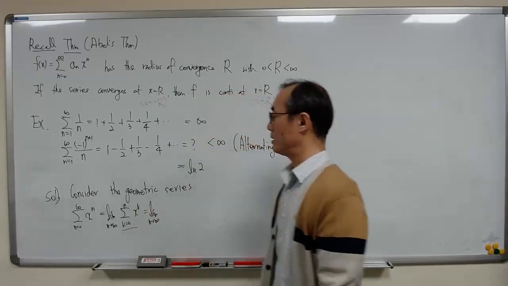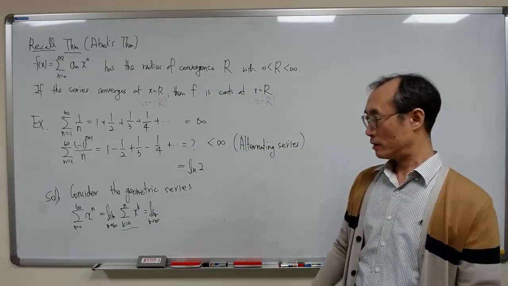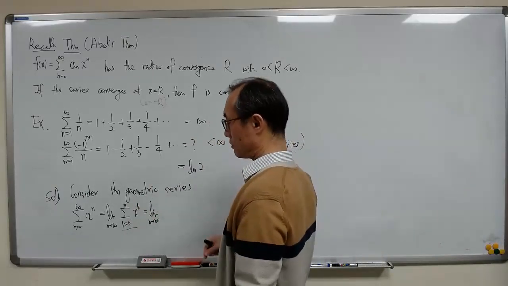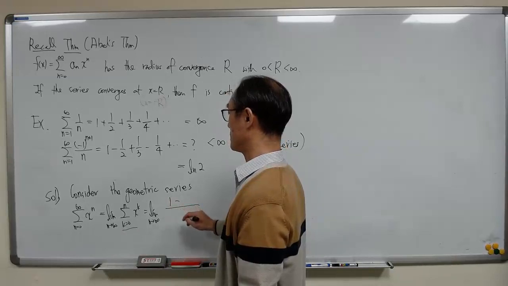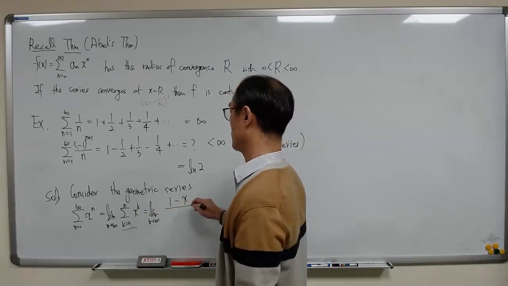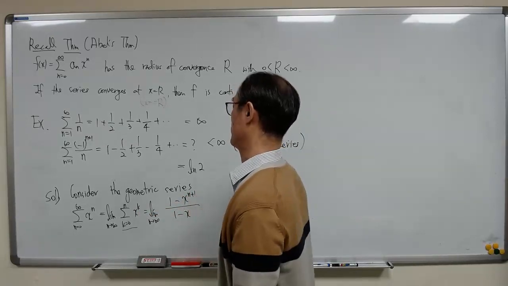This part is simply the summation of a geometric sequence, and you can easily compute the expression. It's going to be 1 minus x to the number of terms, which is n plus 1, over 1 minus x.